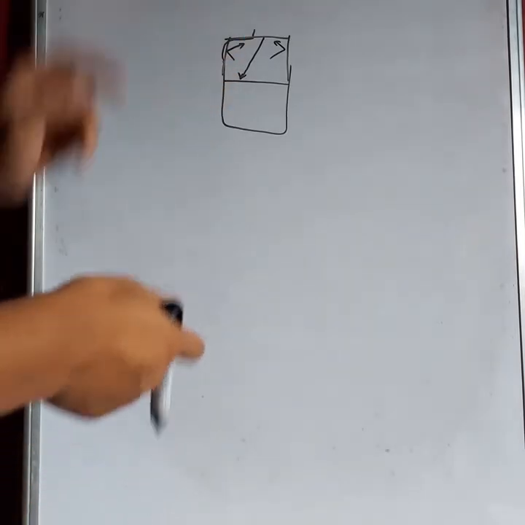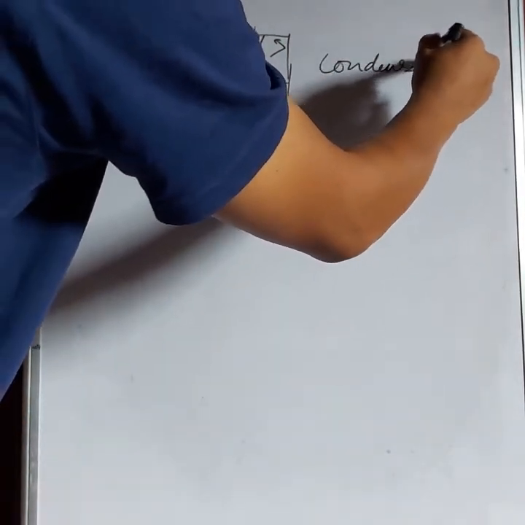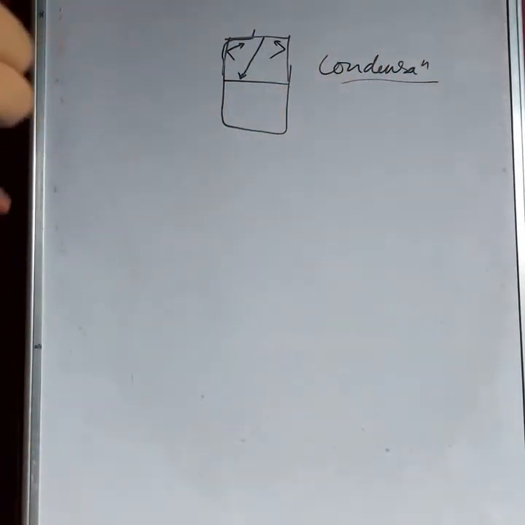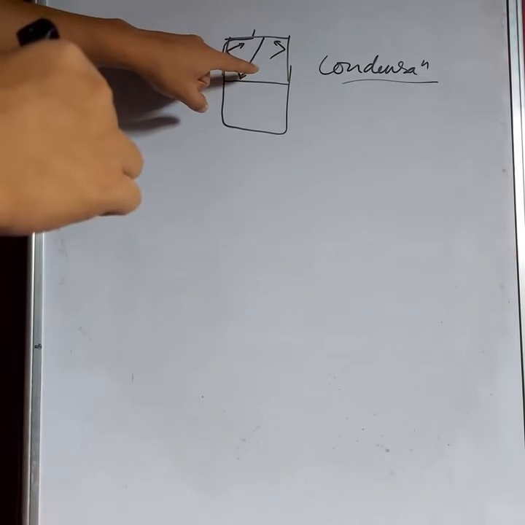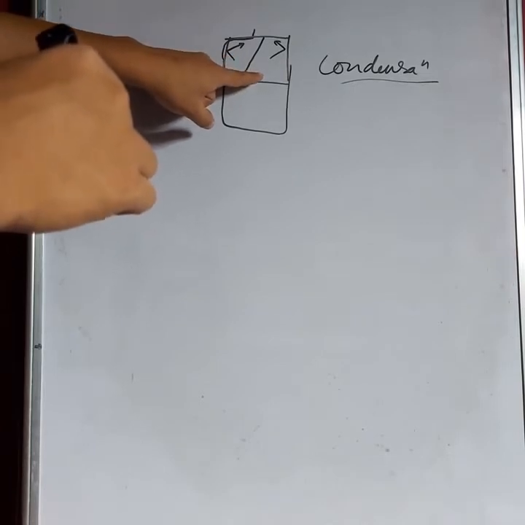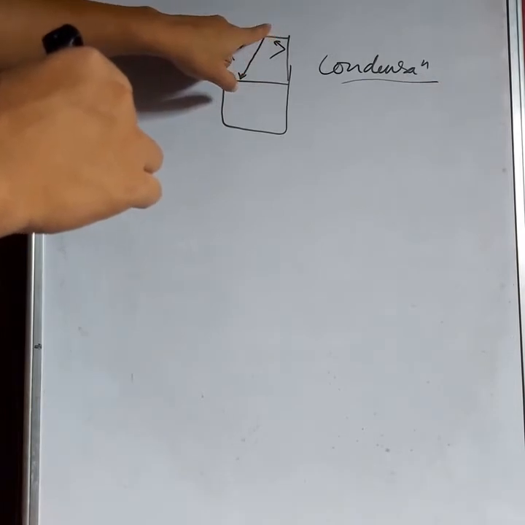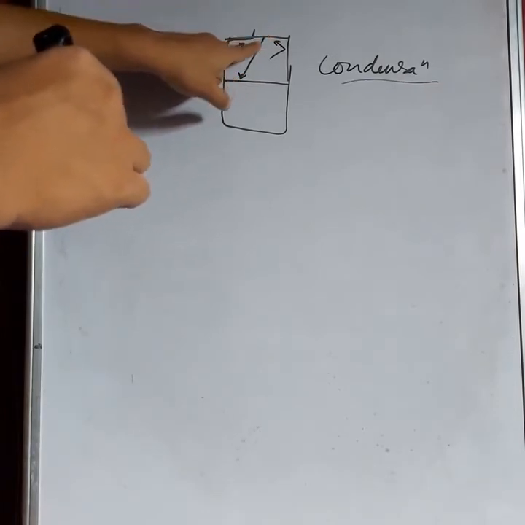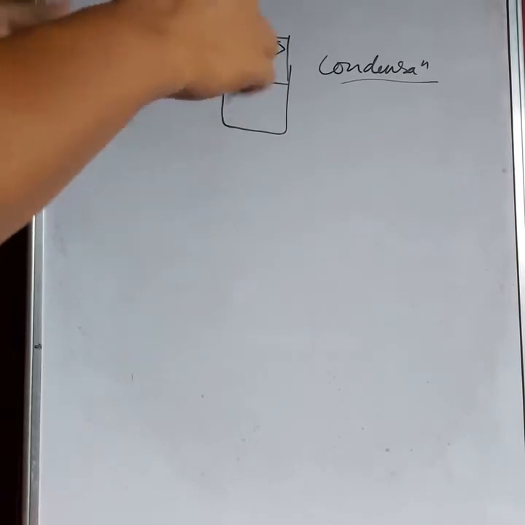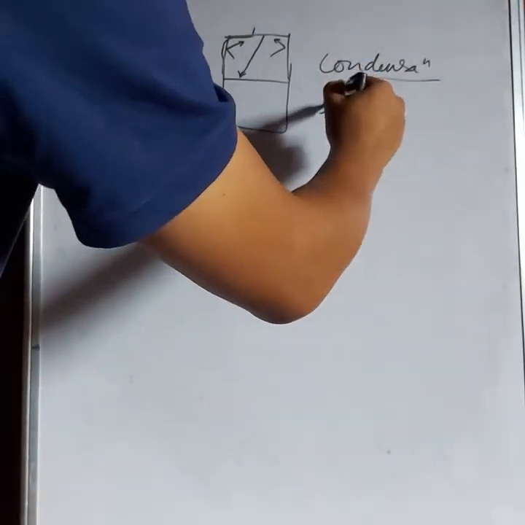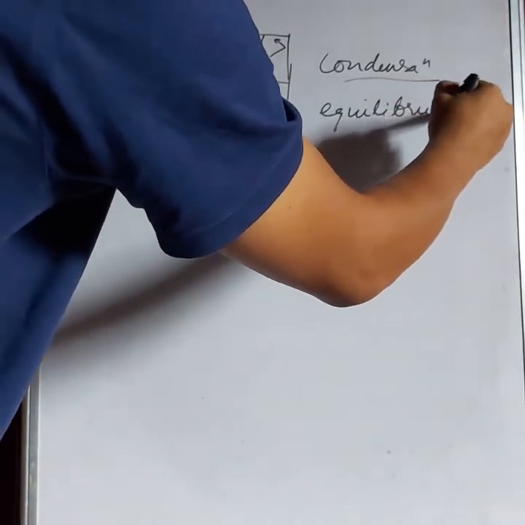That phenomenon is called condensation. When the number of molecules escaping from the surface and the number coming back and attaching to the surface become equal, that is what we call the equilibrium state.